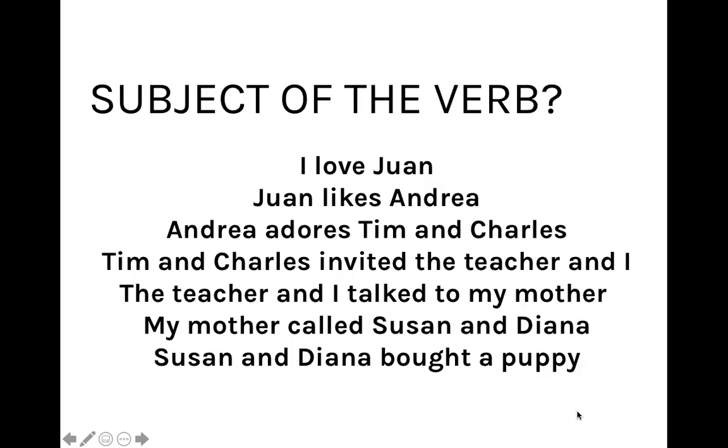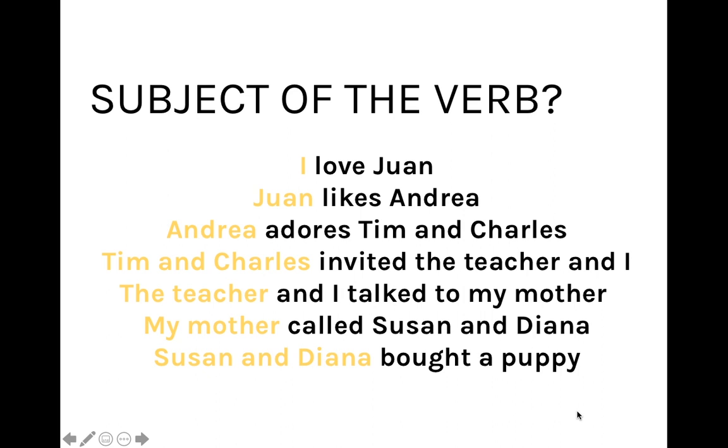Let's see the sentences again, and let's say which ones are the subject of the verb. In the first sentence, the subject of the verb is I. In the second, Juan likes Andrea, the subject is Juan. In the third sentence, the subject of the verb is Andrea. In the next sentence, Tim and Charles are the subjects of the verb invited.